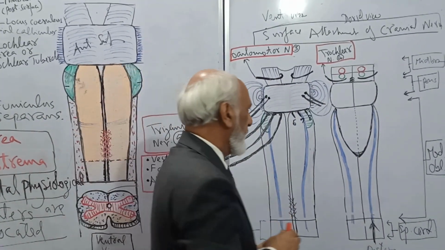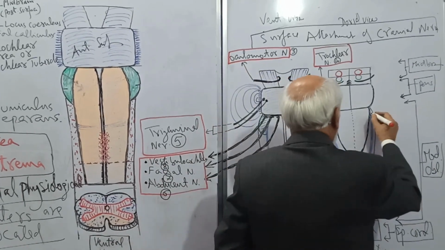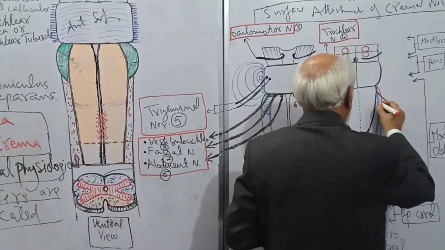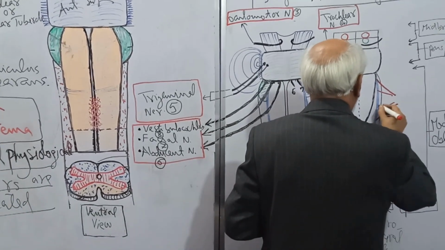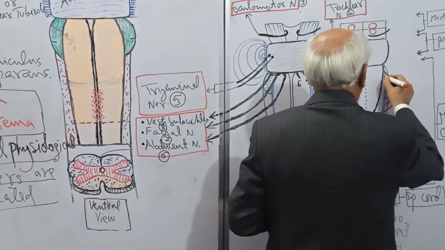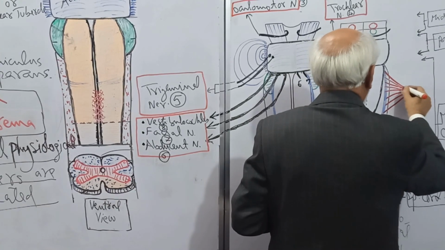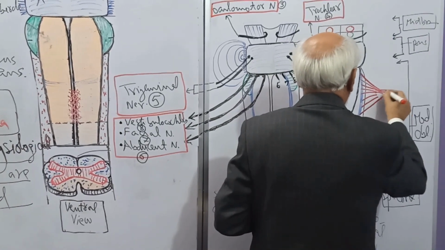So three nerves arise by several rootlets from the upper part of the posterolateral sulcus.